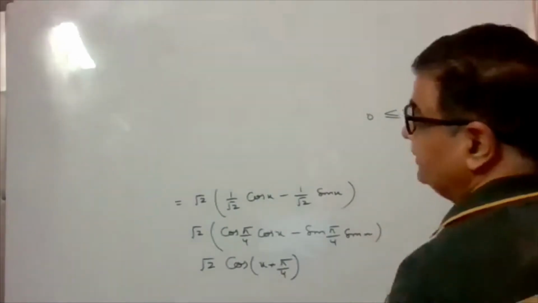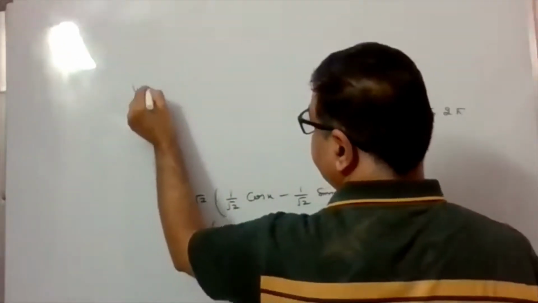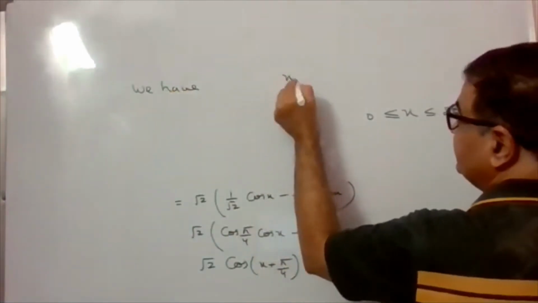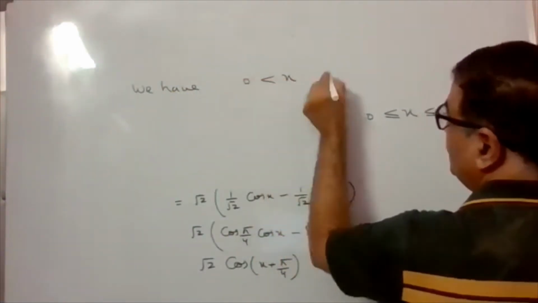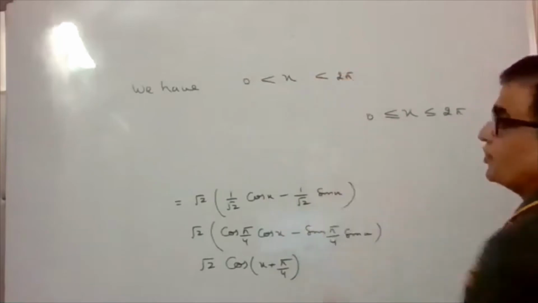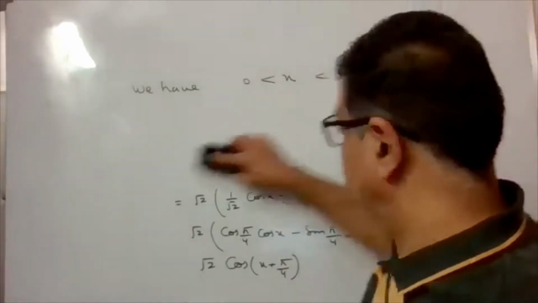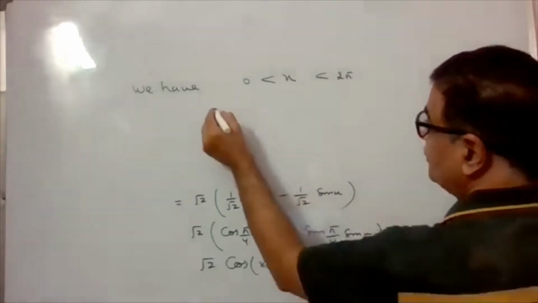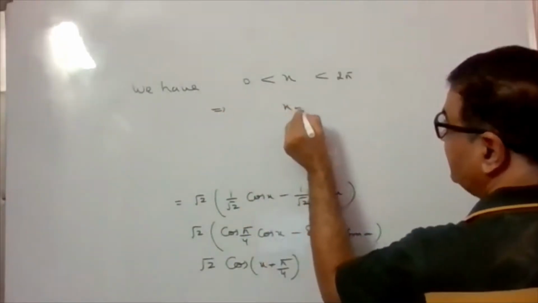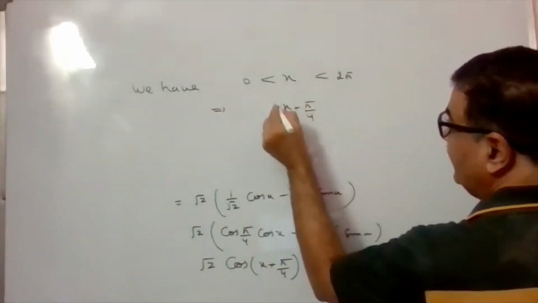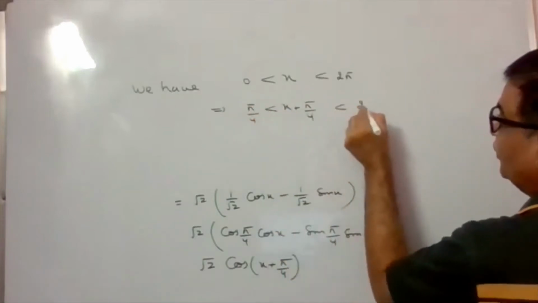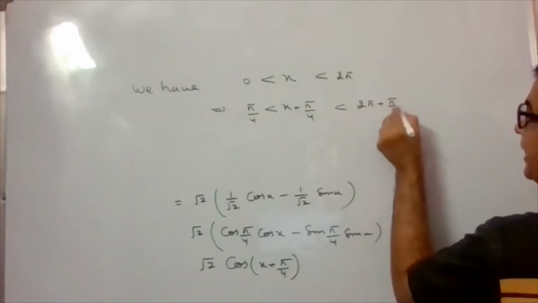So we start with this. We have x between 0 to 2 pi. This is given in the question. Then we consider x plus pi by 4. So this implies x plus pi by 4 will come between pi by 4 to 2 pi plus pi by 4.